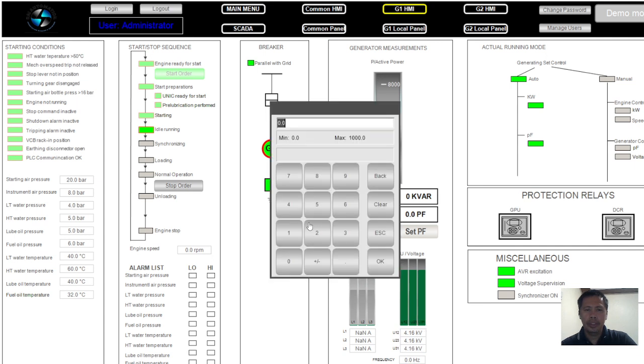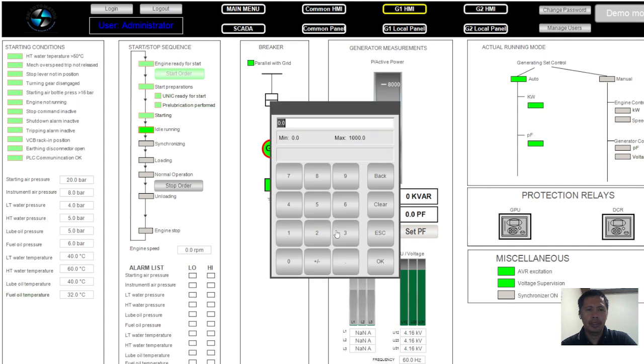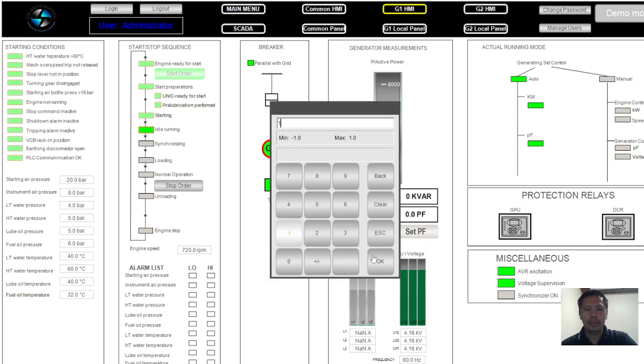The frequency is 60 hertz. The RPM here is say 720. The power factor is 1.